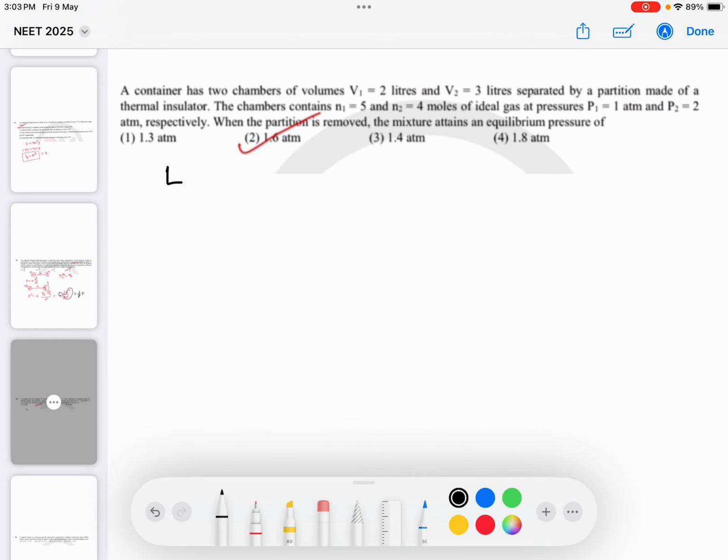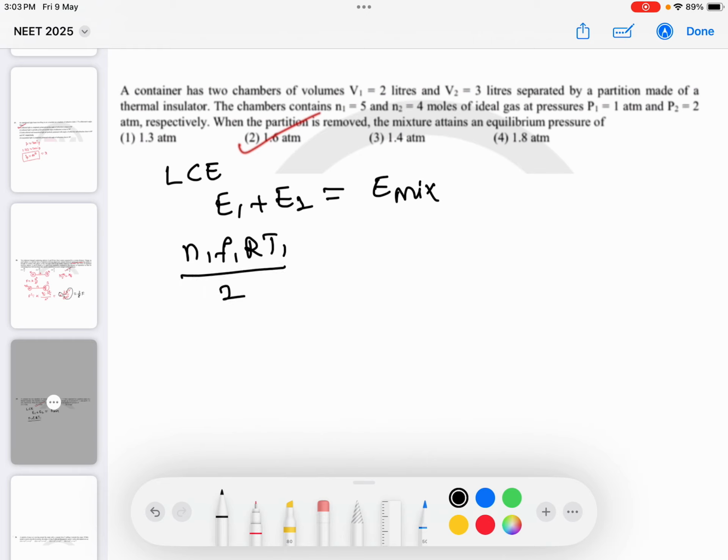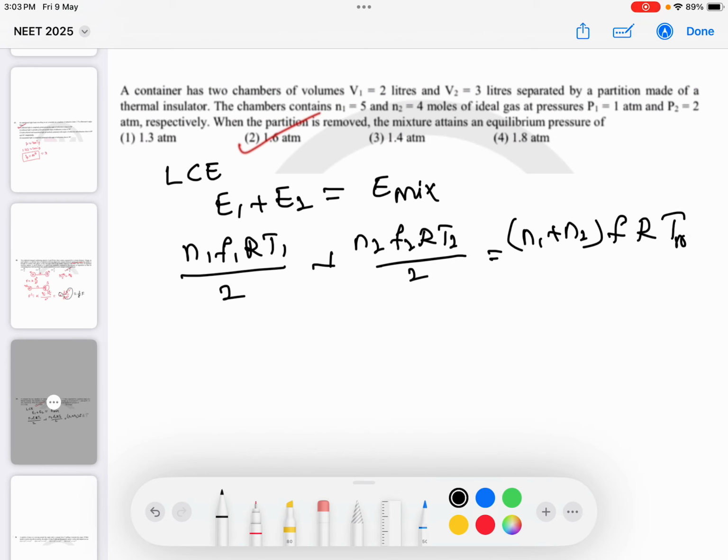So, law of conservation of energy: energy of the first container plus energy of the second container is equal to energy of the mixture. Energy can be written as N1 F1 R T1 divided by 2 plus N2 F2 R T2 divided by 2 is equal to N1 plus N2 into F R T mixture divided by 2.